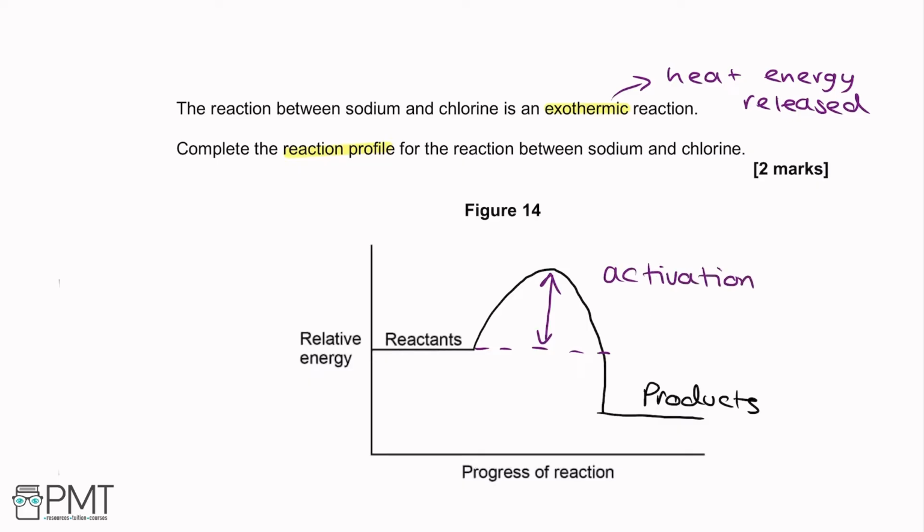Okay, and that's the minimum energy required for the reaction to take place. Okay, so it was a 2-mark question. So you needed to think about the energy of the products being lower than the energy of the reactants, and then getting that curve that goes up and then back down for 2 marks.